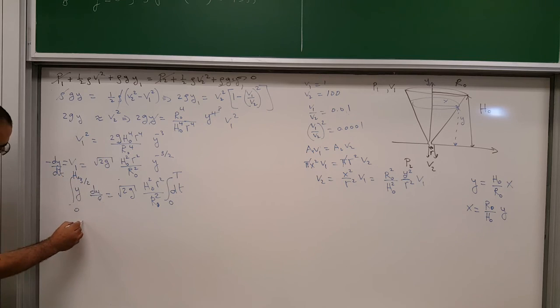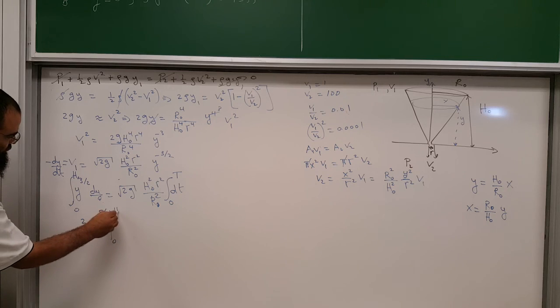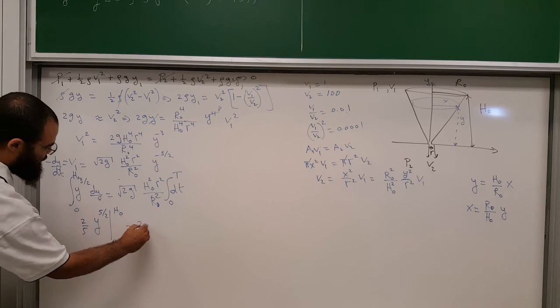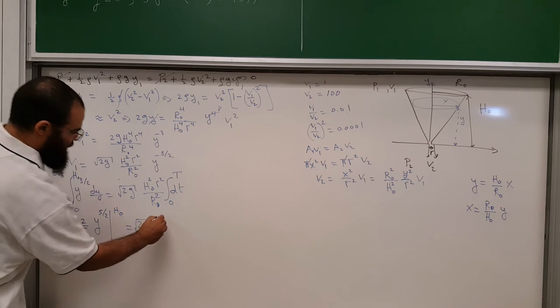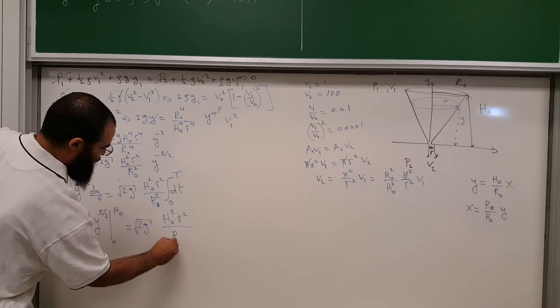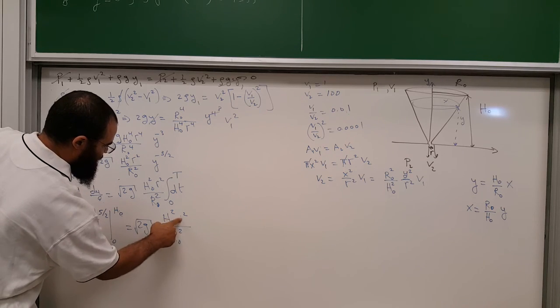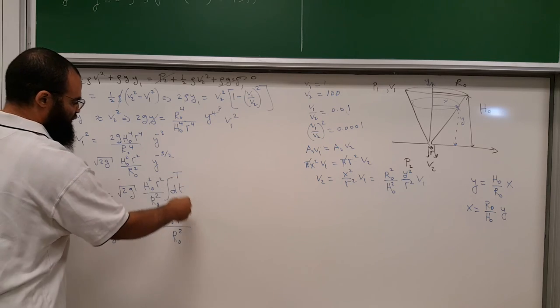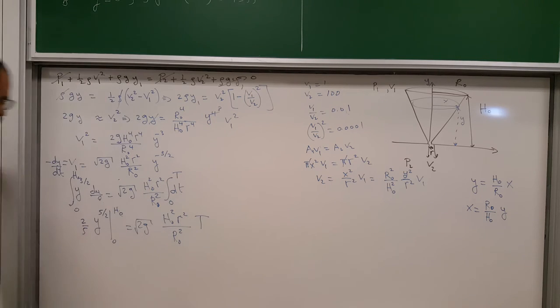And so this integral here would be 2/5 y to the 5/2, evaluated between 0 and h0, and that is equal to radical 2g h0 squared, r squared over r0 squared. The integral of dt is t evaluated between 0 and capital T, which is simply capital T.